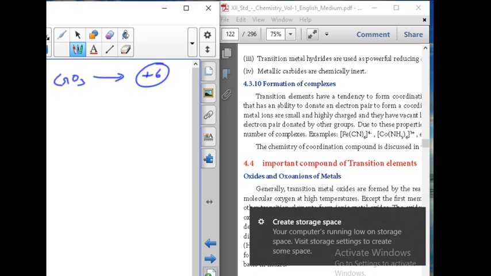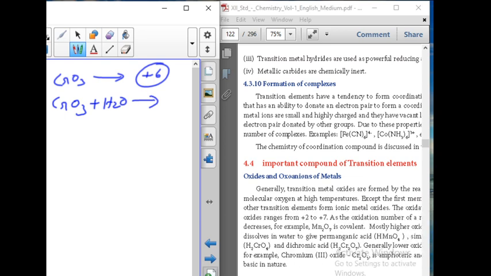Now, when chromium oxide dissolves in water, it can form two types of acids, chromic acid, H2CrO4, and dichromic acid, H2Cr2O7. So simply we can say the element having higher oxidation state is covalent, as well as it can form acidic compounds.